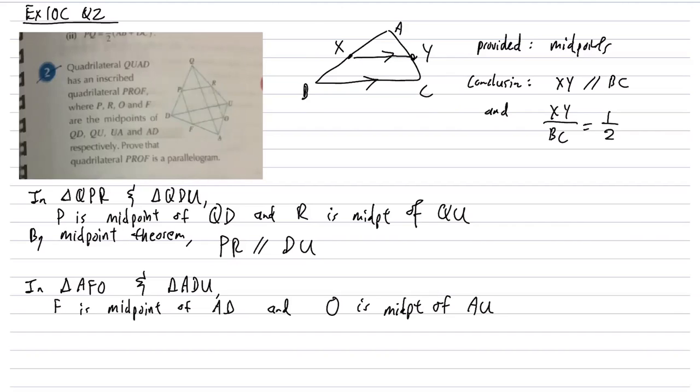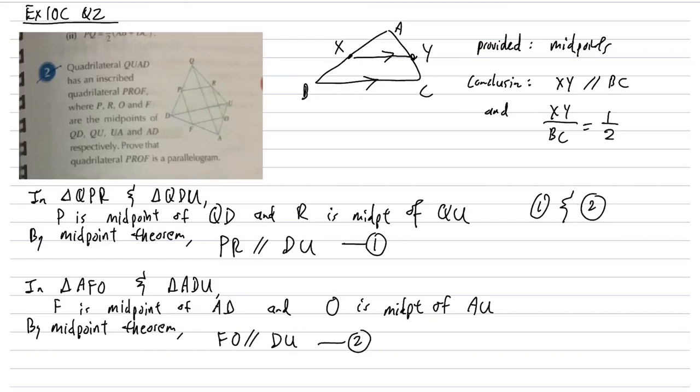So we can quote the midpoint theorem and conclude that, by the midpoint theorem, this time instead of PR parallel to DU, it would be FO parallel to DU. Okay, so let's call this 1 and call it 2.